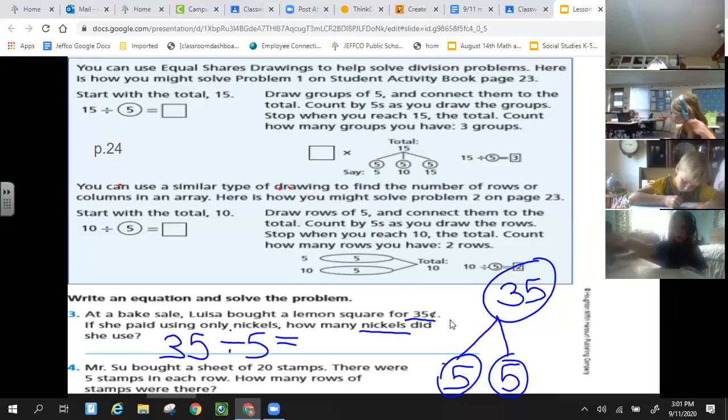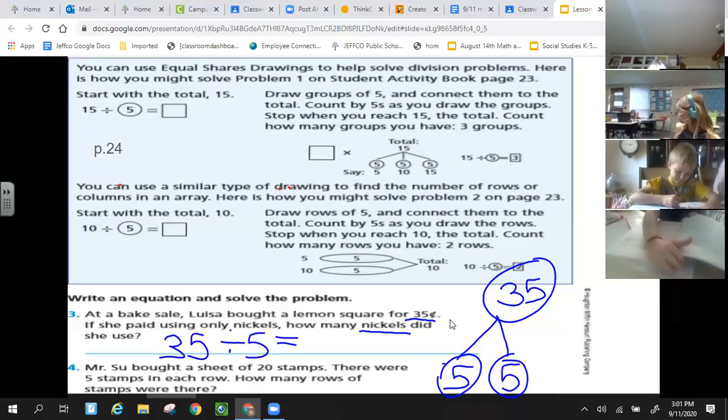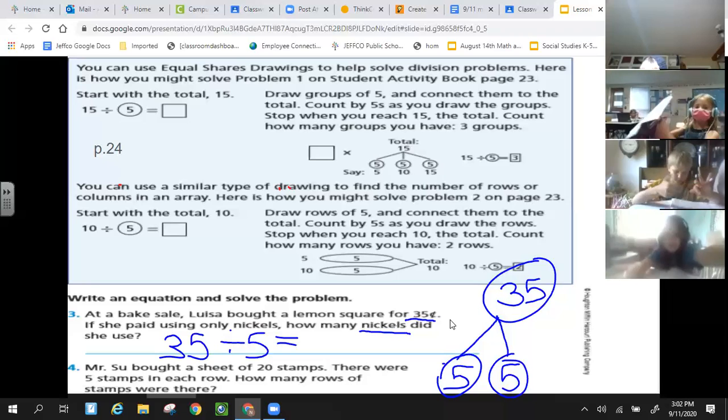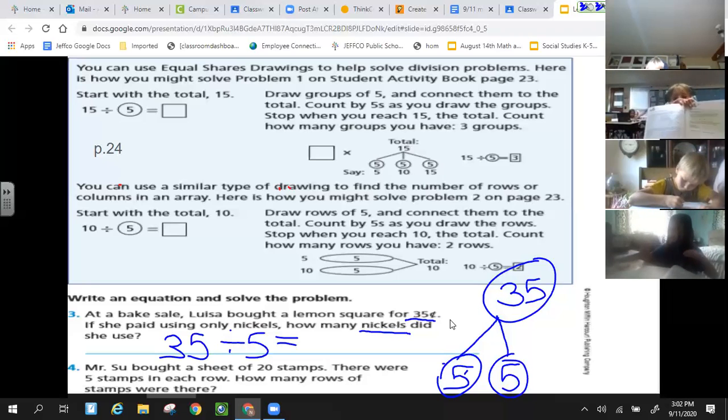You gotta keep counting till you get to 35. That's only 2, 5, 10. Okay, let's keep counting together. I see some of you are not sure. We're counting by 5s. 5, 10.